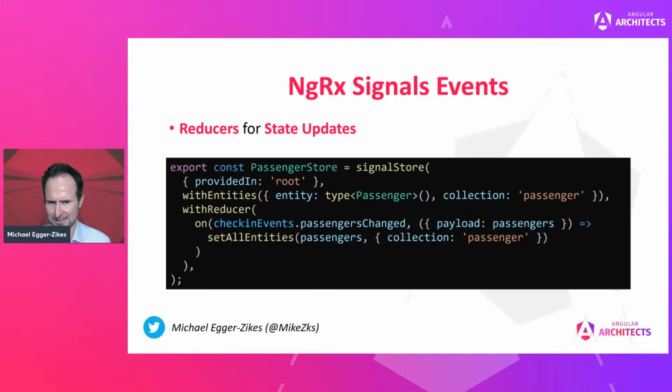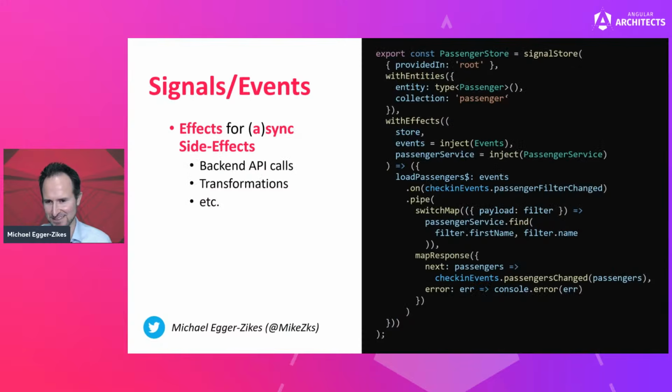For that you can use the entity feature with the setAllEntities function here. There are furthermore functions available that help you to do all the CRUD operations on your entity-based data. Yeah, you can use this also together with the Events API.